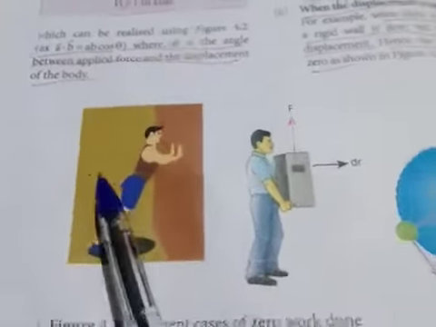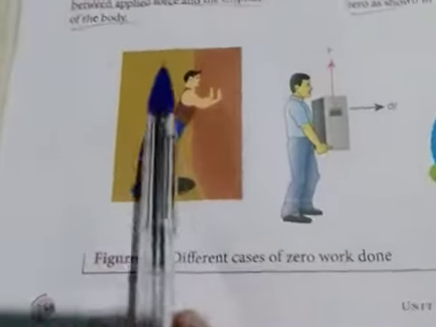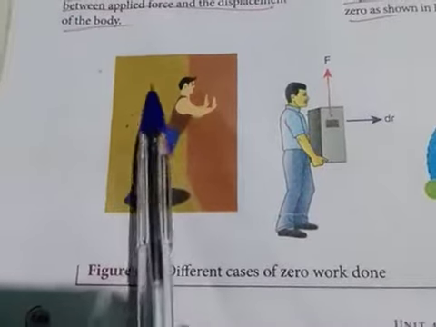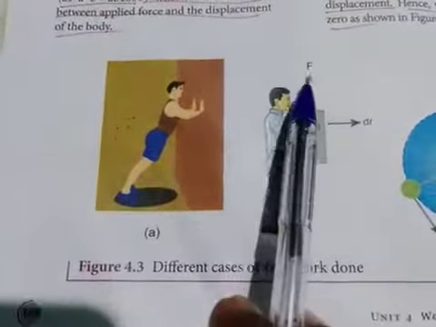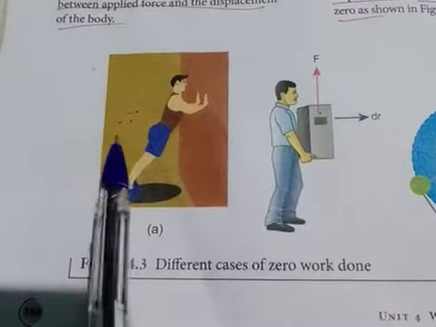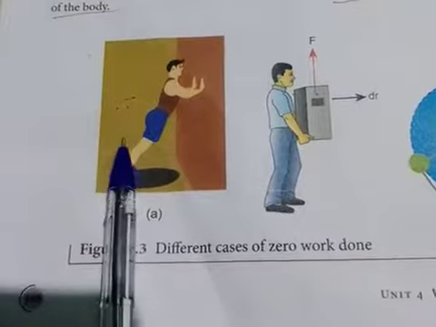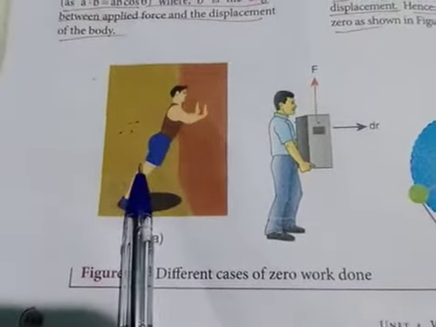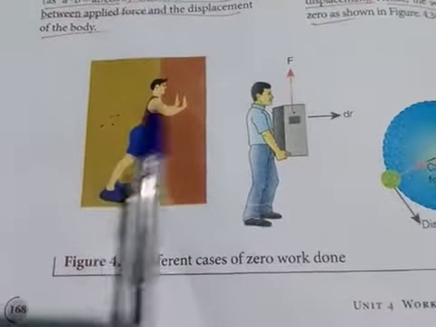The next part is about some different cases, which are given in the textbook. These different cases prove that the work done is 0. The first case you can see is when the force is 0. When the force is 0, work done is 0. So here some cases are given.